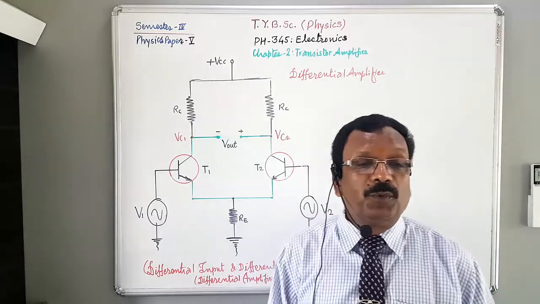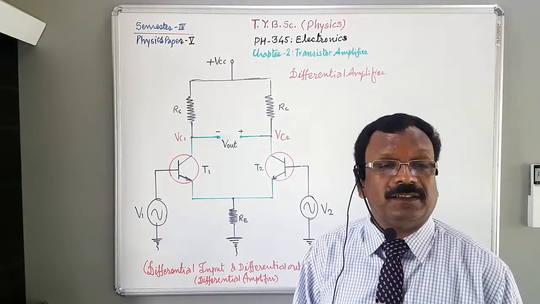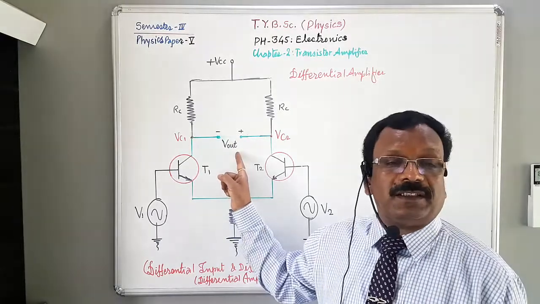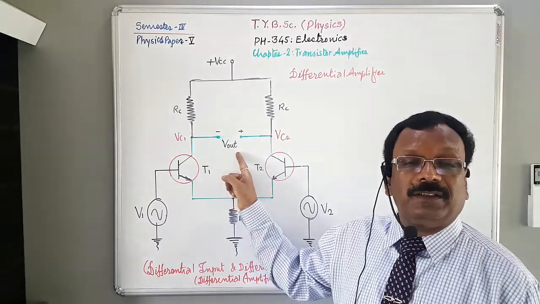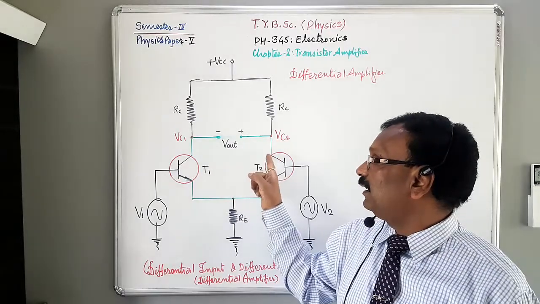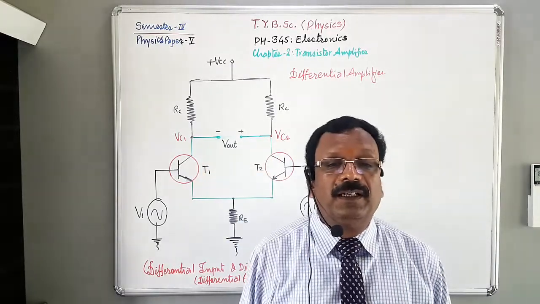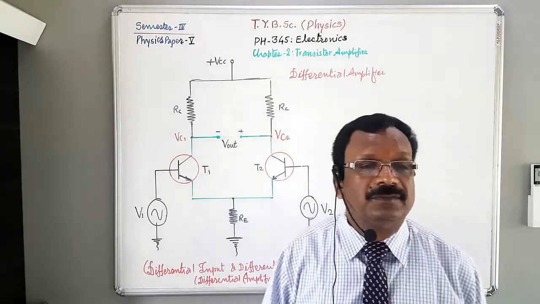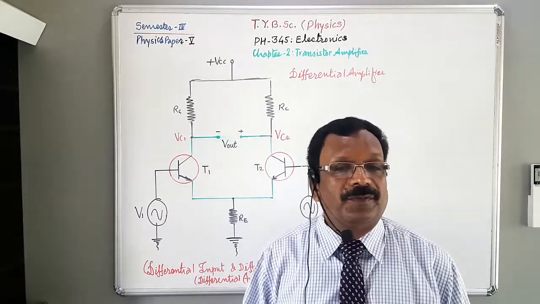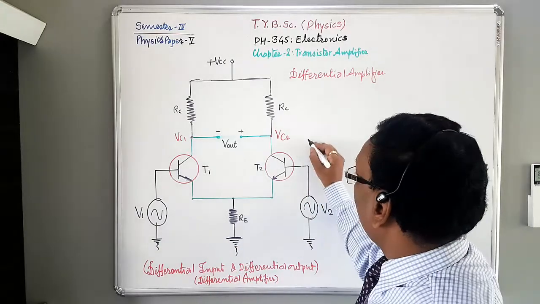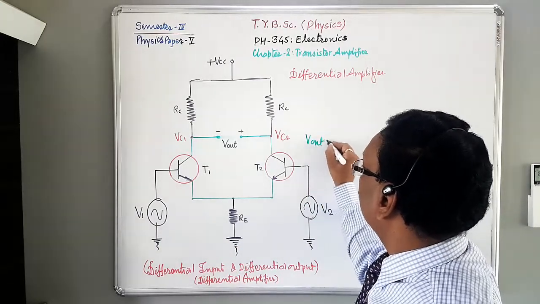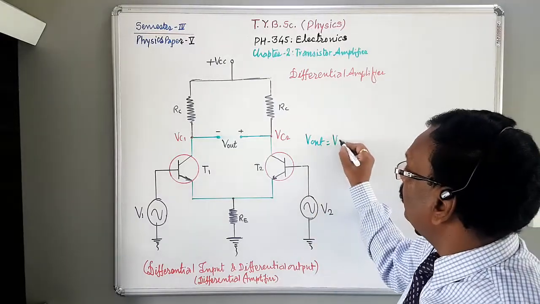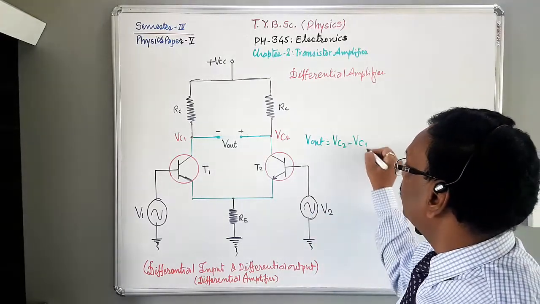The AC output voltage is the voltage between the collectors, between this collector and this collector, with this polarity, minus plus. So from this we have V out is equal to VC2 minus VC1.